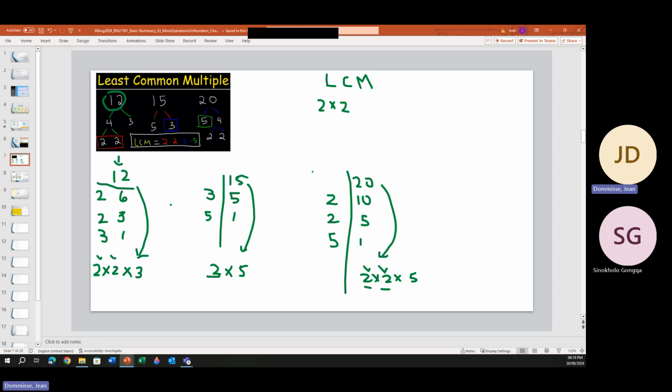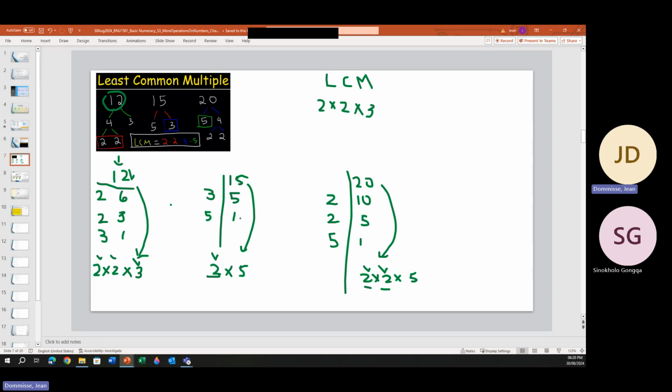When I go back to my 12, I see, okay, there's a 3, so there's one of them. I go to 15, okay, there's only one of them, so that 3 is already represented by that 3, and there's no 3s in 20, so nothing to add to it. Okay, so 12 is done.